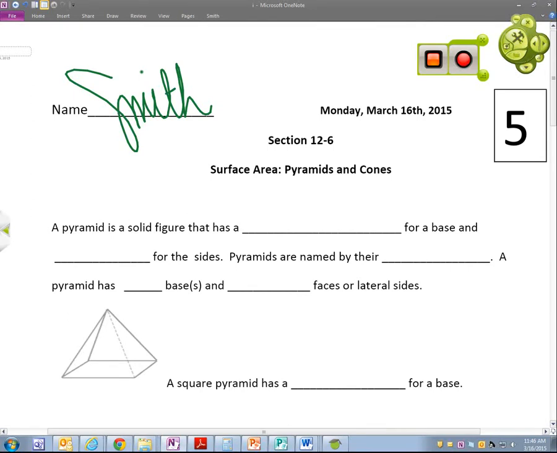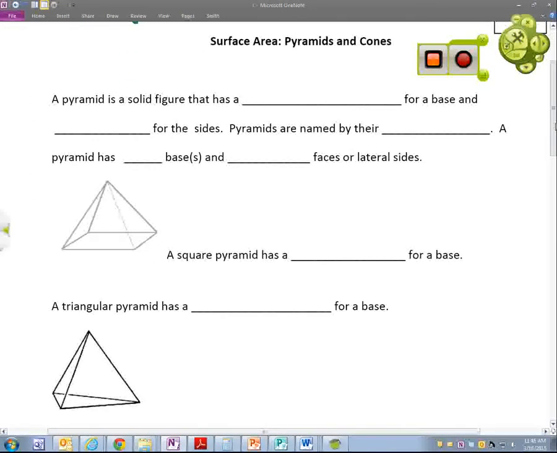A pyramid is a solid figure that has a... Who has some ideas of what this could be? One person thinks it's a square. A rectangle, good. You can also have a triangle.